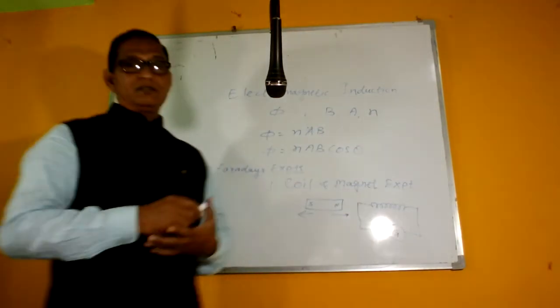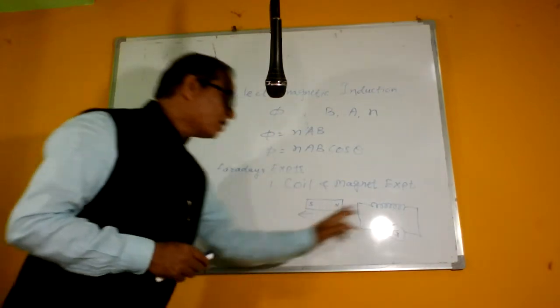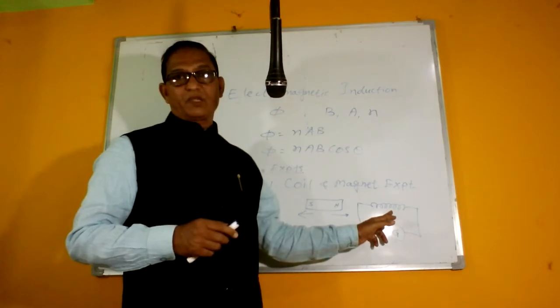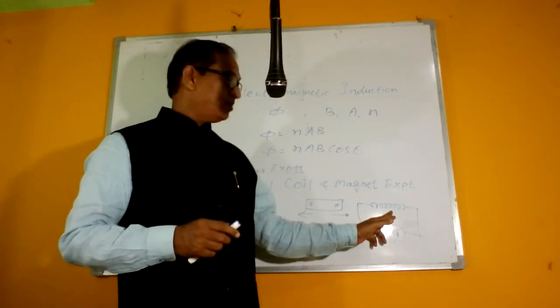If you want to increase the induced current produced in the coil, we have to consider three cases: use a bar magnet of greater strength, increase the relative speed between the coil and the magnet, or increase the number of turns of the coil.